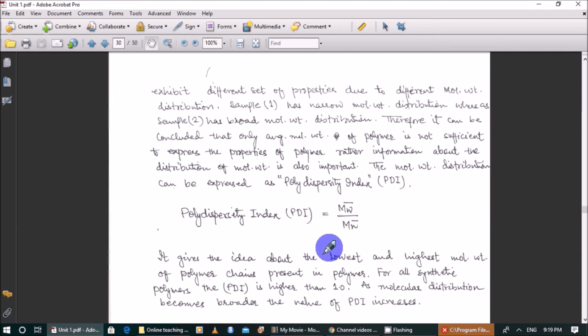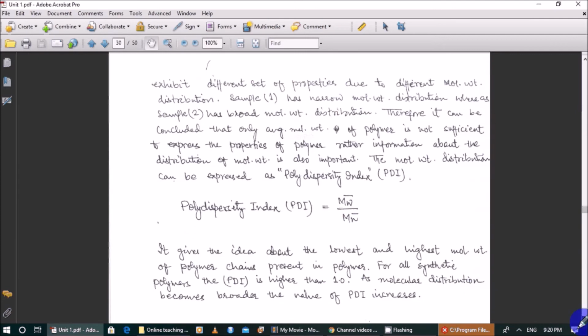The molecular weight distribution can be expressed as the polydispersity index, PDI, and PDI stands for weight average molecular weight over number average molecular weight. So this is the formula. PDI is equal to weight average molecular weight over number average molecular weight.